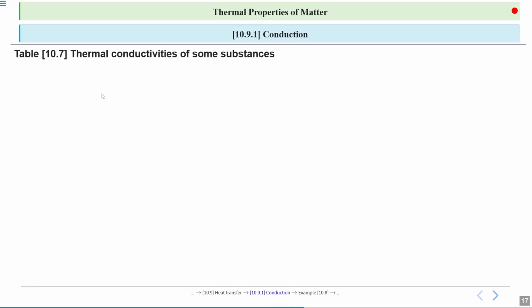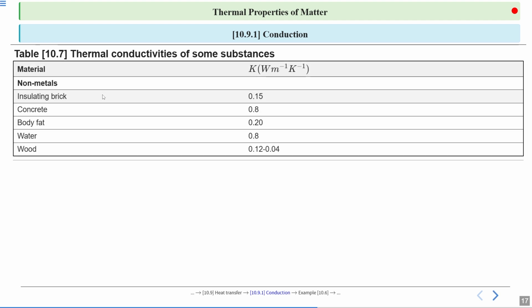Thermal conductivities of some substances. Now the next materials are non-metals. Insulating brick, their thermal conductivity is 0.15. Concrete, 0.8. Body fat, 0.20. Water, 0.8.